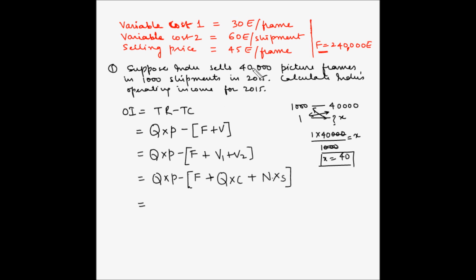So now let's substitute the values. We know that a total of 40,000 picture frames are being sold. So Q is 40,000.